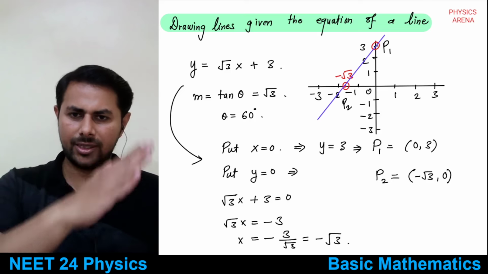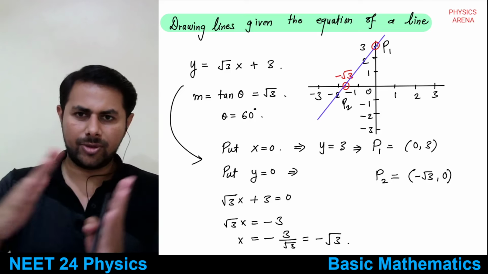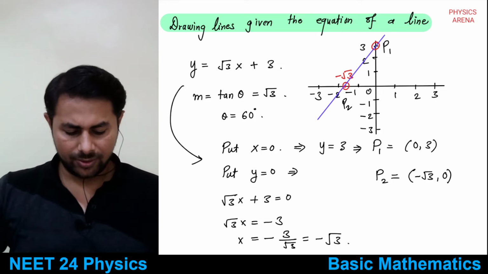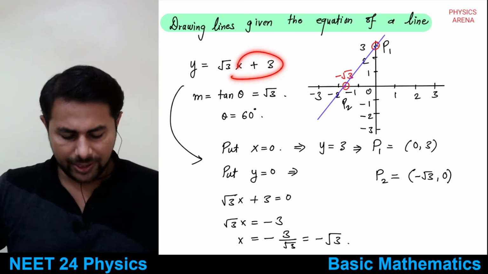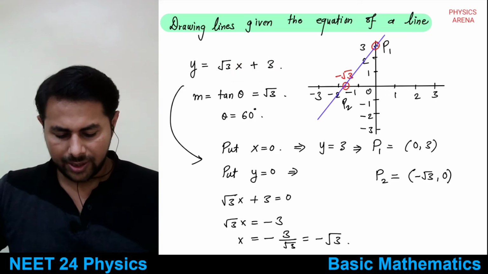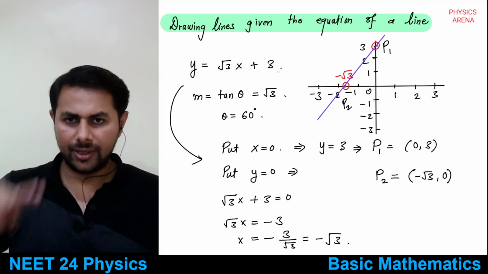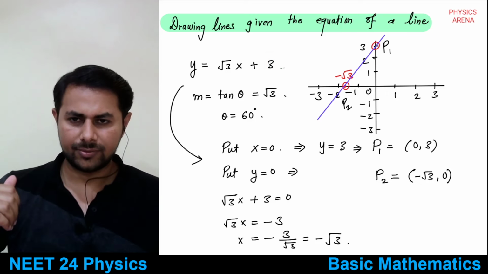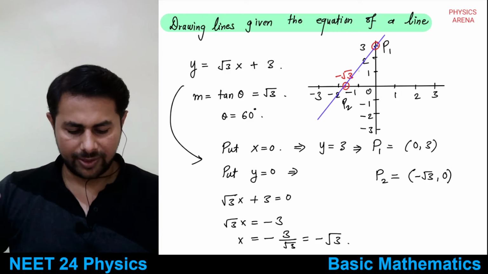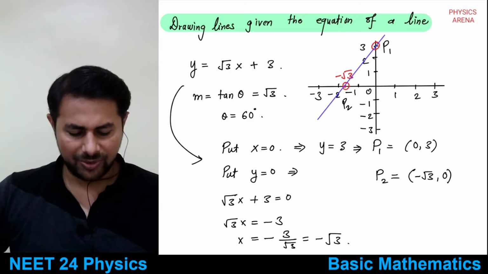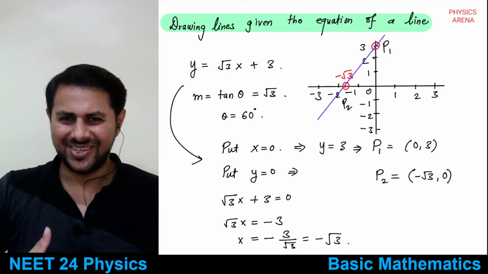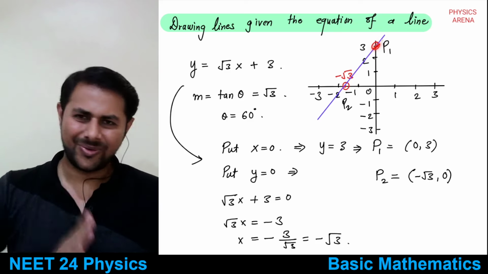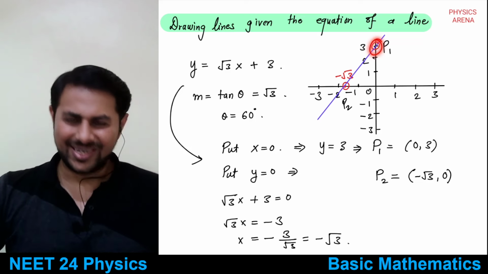But there are actually an infinite number of lines which make an angle of 60 degrees with the x-axis. So what would be this line? It cuts the y-axis at 3 when the x coordinate is 0. Of course the x coordinate of the whole y-axis is 0, right?